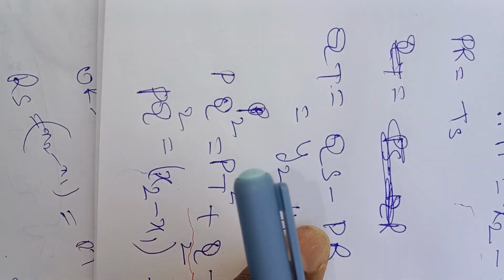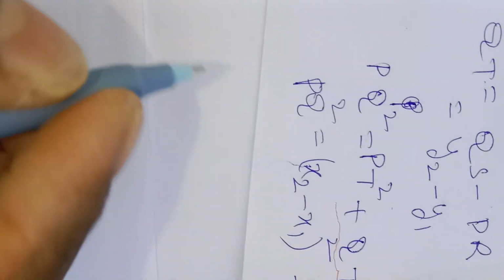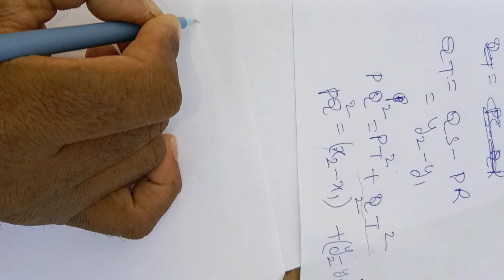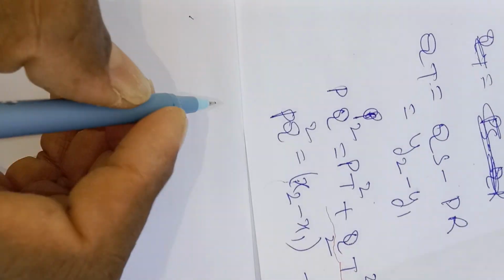Next, we need only PQ. For that purpose, we have to remove the square on the left hand side. To remove the square on PQ square, we have to take the square root on the right hand side.